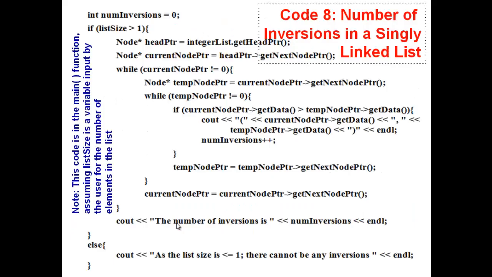Let's go over this code and the logic, and then I'll tell you how related it is to assignment two. The code displayed here is in the main function, and it assumes that you already have created a list of a certain list size.